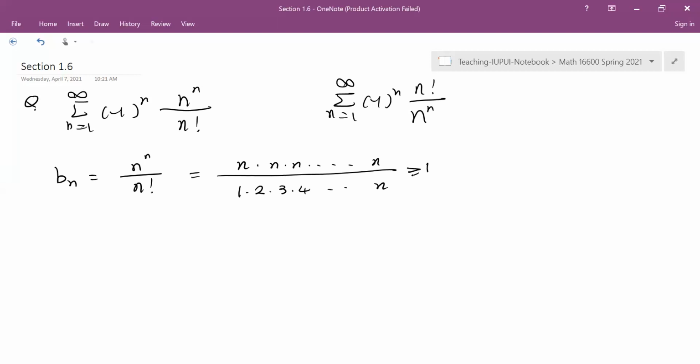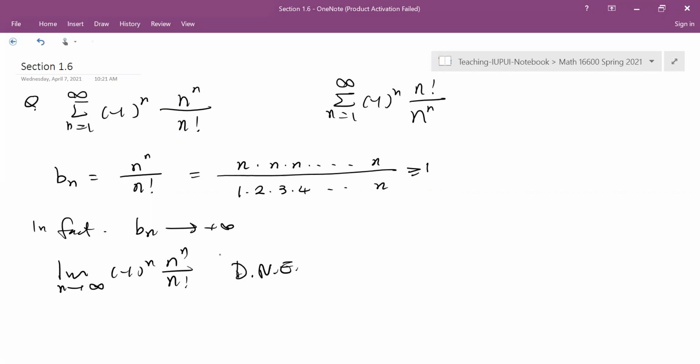So you cannot apply the alternating series test to prove it's convergent. Actually, this limit, in fact, Bn approaches positive infinity. I'm not going to prove that, okay? All we need to know is Bn does not approach 0. That's enough. So since Bn does not approach 0, the limit of negative 1 to the n times Bn does not exist.